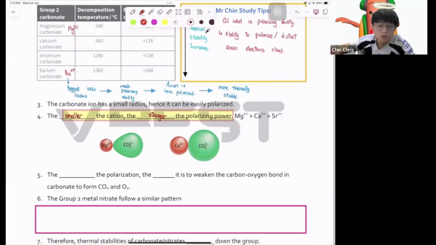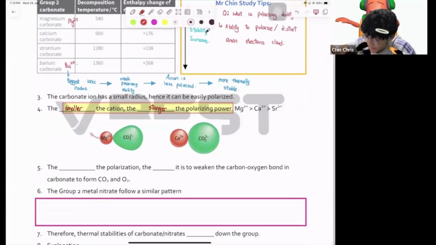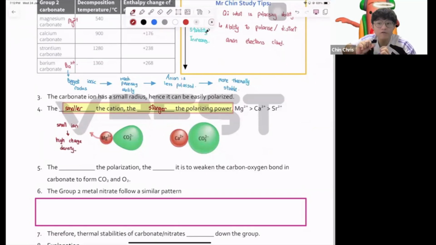Let's look at Mg2+. It is a very small ion, which means it has a high charge density, which means it has a very strong polarizing ability.